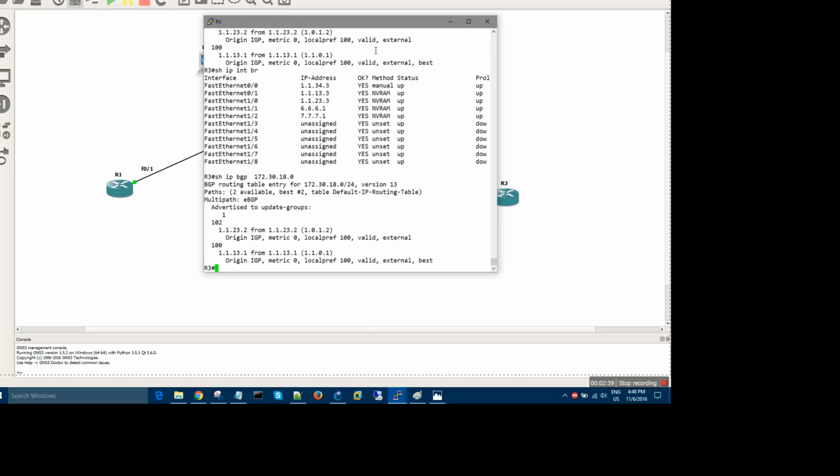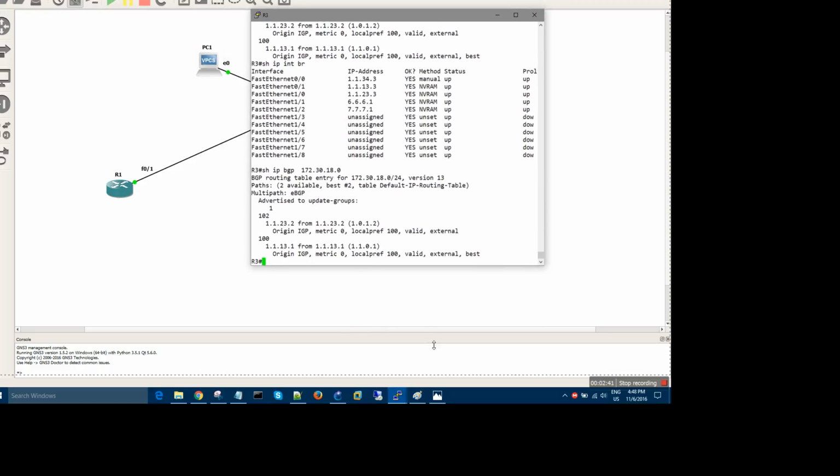13, which means AS 100 is the top priority for it. This is the best. Why? Because this is the oldest route in the routing table, so that's why it's preferring this prefix. If we change the router ID, I change the router ID after this.